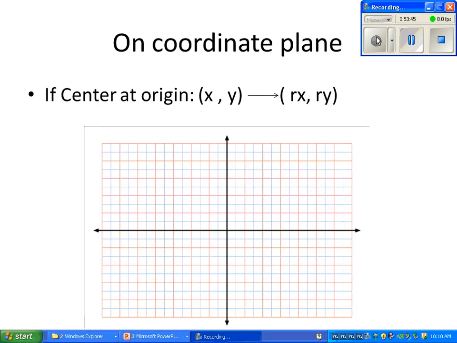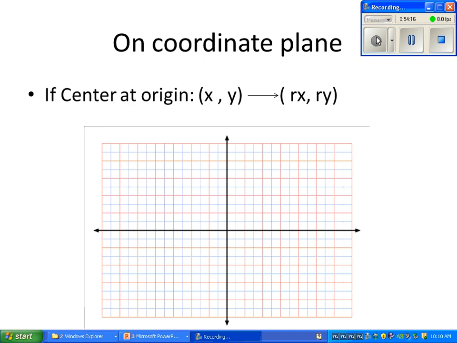If, and this is the easier stuff, you are on a coordinate plane and your center is at the origin, then all you have to do is take each point, each corner, and use this rule: (x, y) goes to (R times x, R times y).